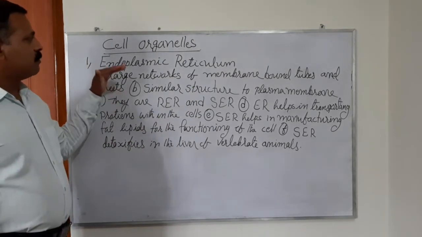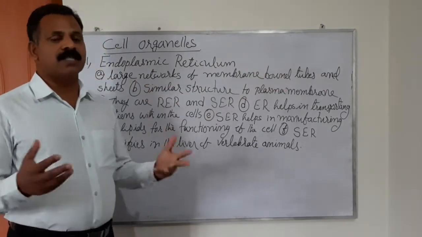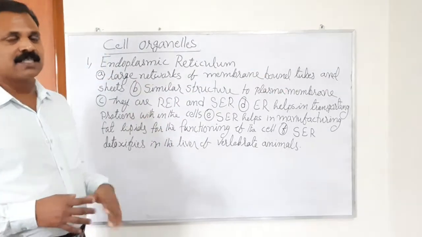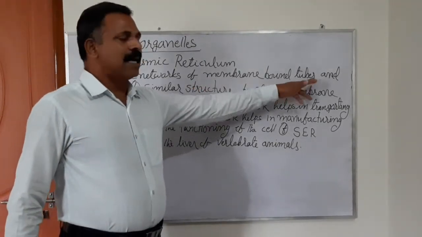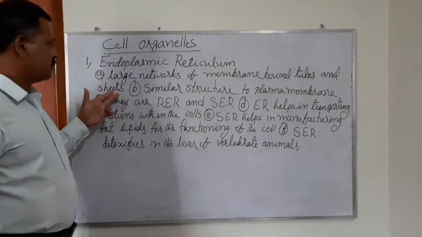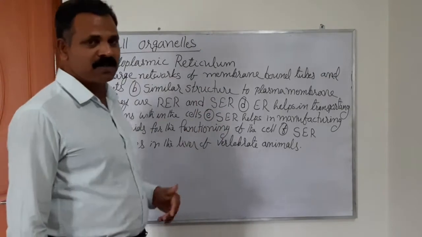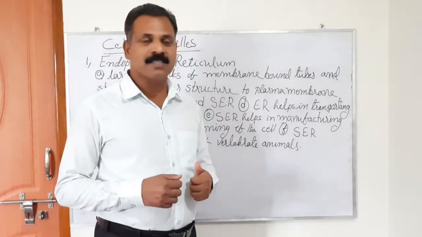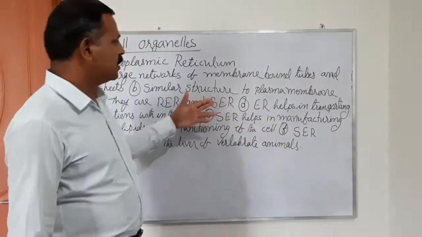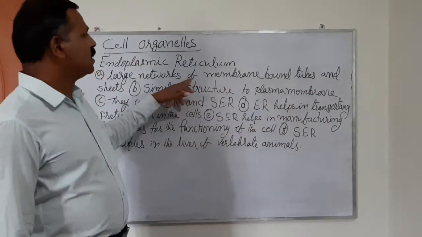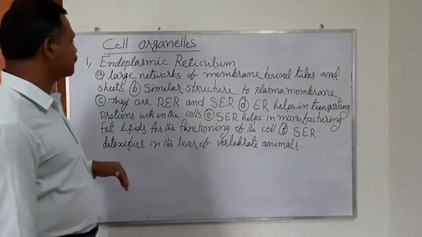By nature, it's a network of membrane bound tubes and sheets. So ER is a membrane bound substance with a tube and sheet like structure. Another thing is it looks very similar to a plasma membrane. We studied what a plasma membrane is in the last class. And this ER by structure looks like a plasma membrane, because it's also a membrane bound structure. That's why.